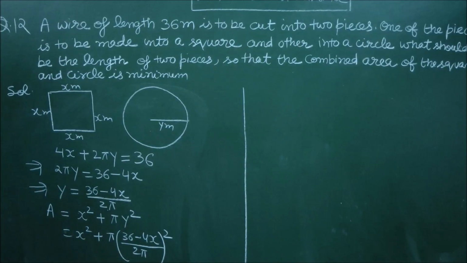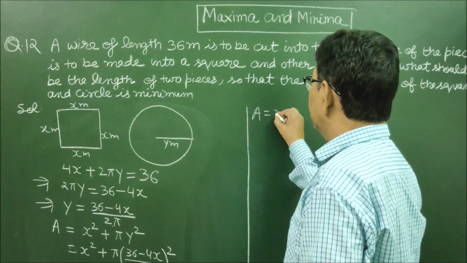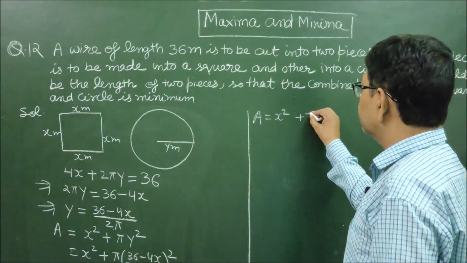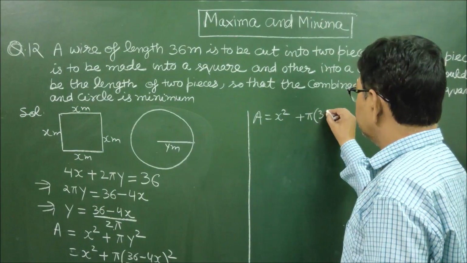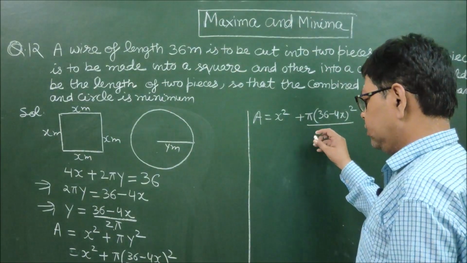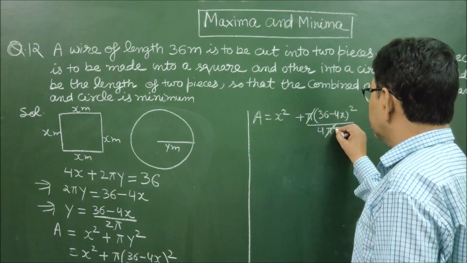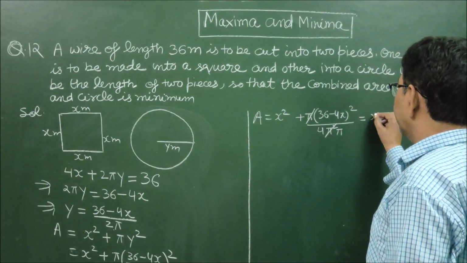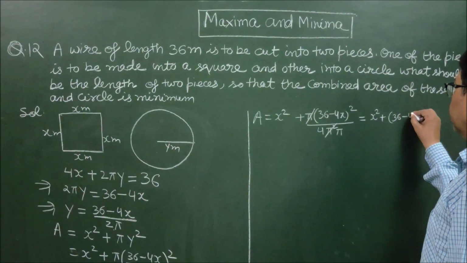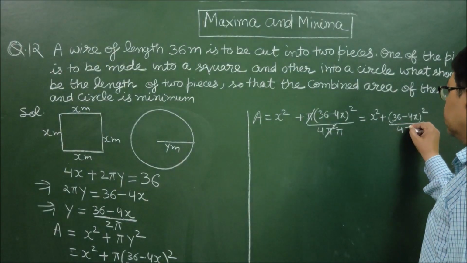So area A is equal to x square plus pi into 36 minus 4x whole square upon 4 pi square. Pi cancelled. This is equal to x square plus 36 minus 4x whole square divided by 4 pi.